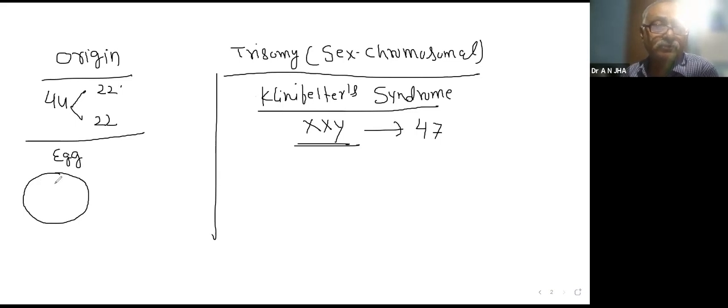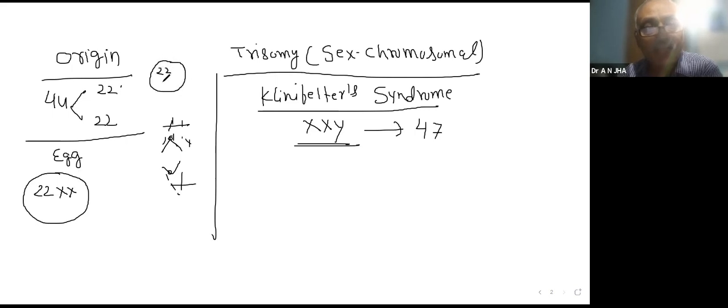The autosomes get divided. But at the time of separation of the X chromosome, the spindle breaks, and this egg receives two X chromosomes. In a normal egg, there will be 22 autosomes and always one X chromosome.